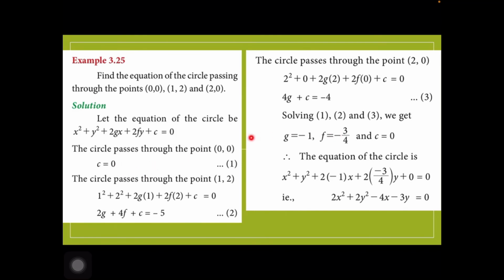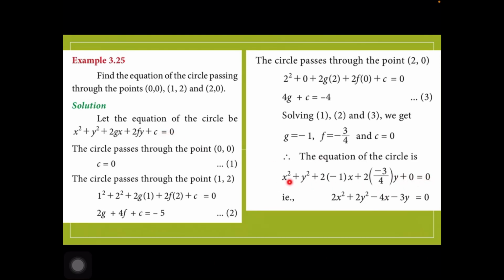If you substitute these two values in this equation too, then you will get the value of f also. Now, the equation of the circle is x square plus y square plus 2 into g, and in this equation for g we put minus 1, plus 2 into, instead of f, here minus 3 by 4, into y, plus instead of c it is 0, is equal to 0.